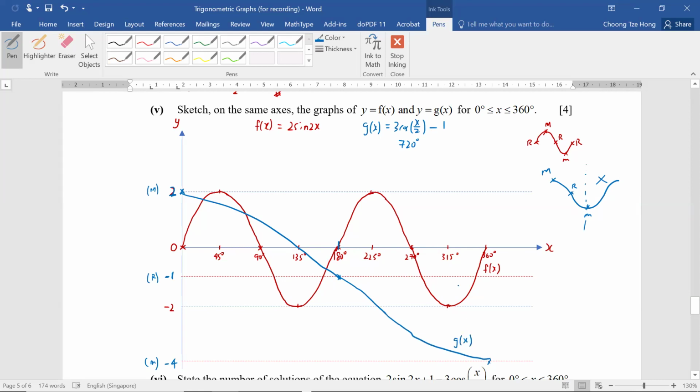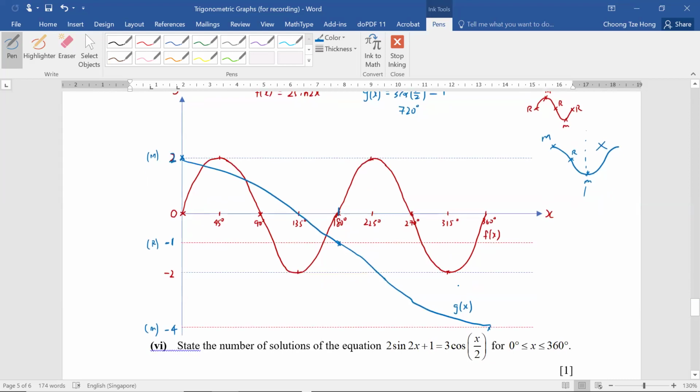Right. The next part, they want us to state the number of solutions of the equation 2 sine 2x plus 1 equals 3 cosine x over 2. If you look at this equation, it looks very familiar, because the two graphs, the trigo functions, are of a similar type.